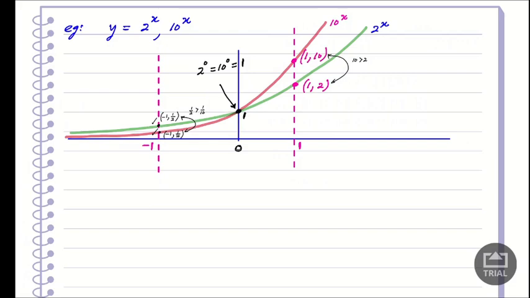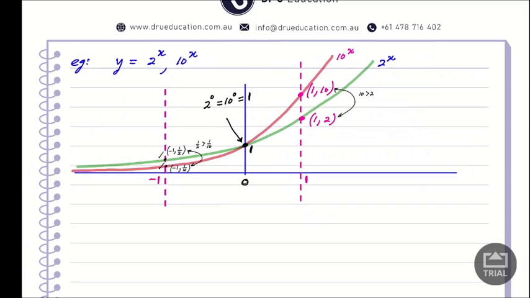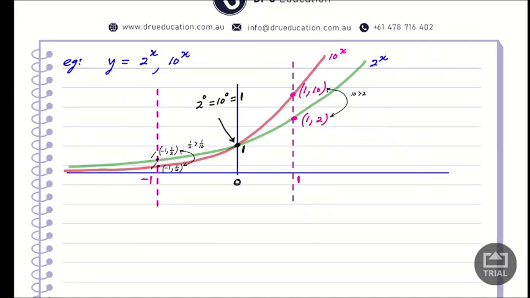So indeed, this is 1. So the y-intercept is 1. This is how exponential functions look. I taught you a very important concept if you are new to the class.